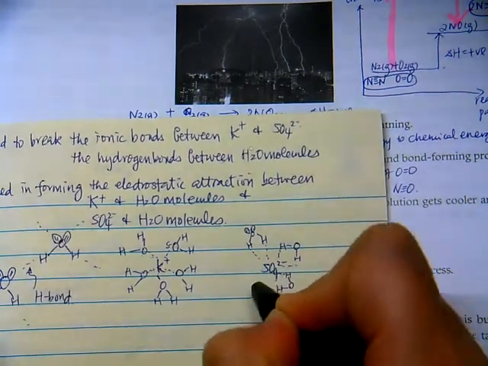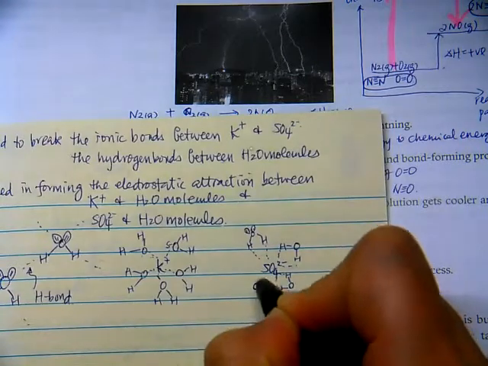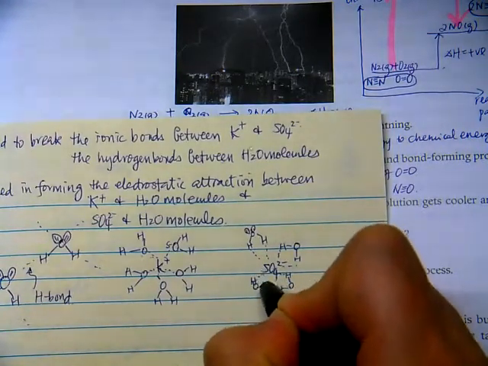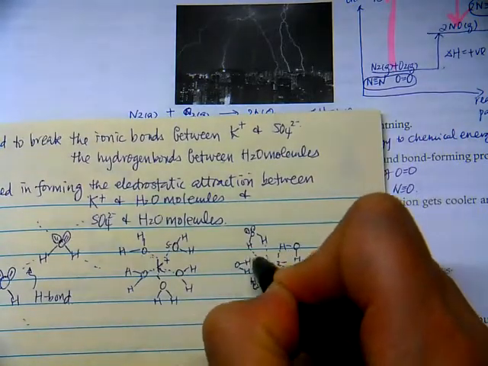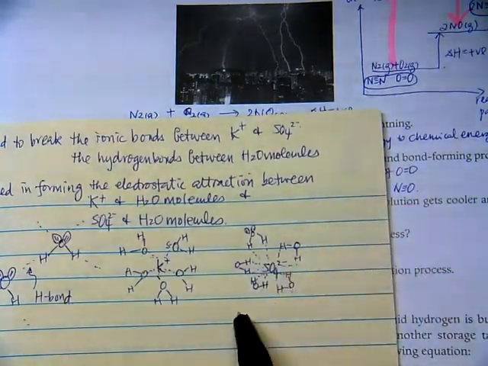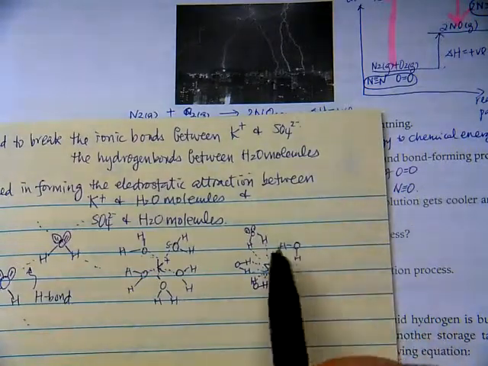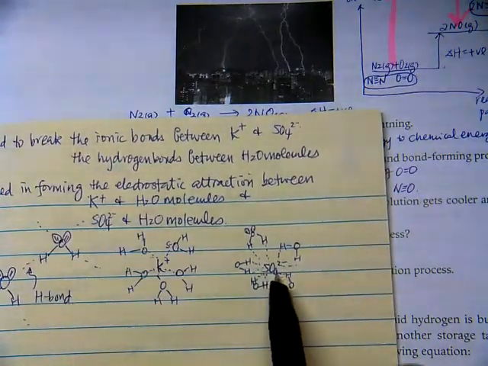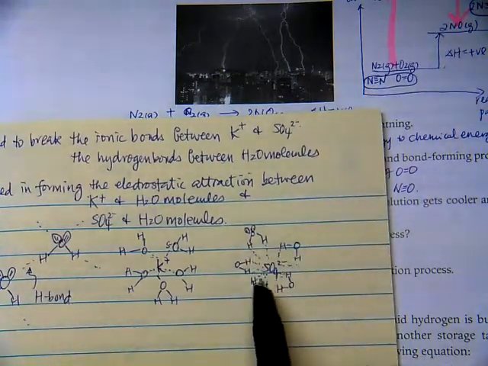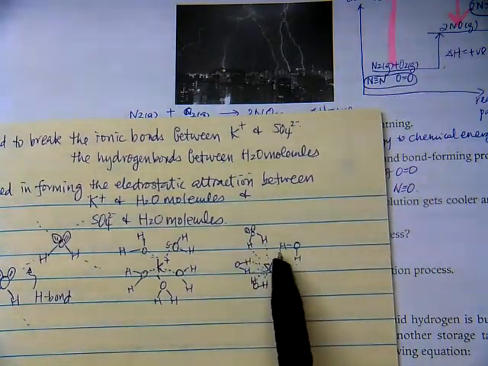Again, Form 5 students, you must be familiar with this diagram. Okay, the surrounding is actually a type of electrostatic attraction between sulfate ion and water molecules.